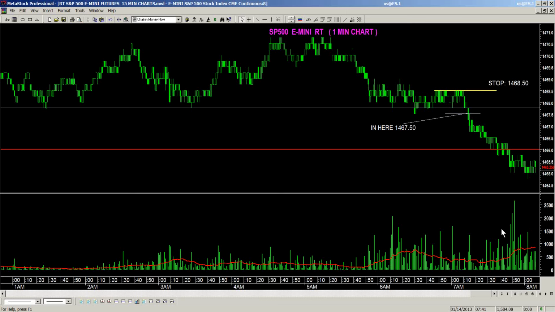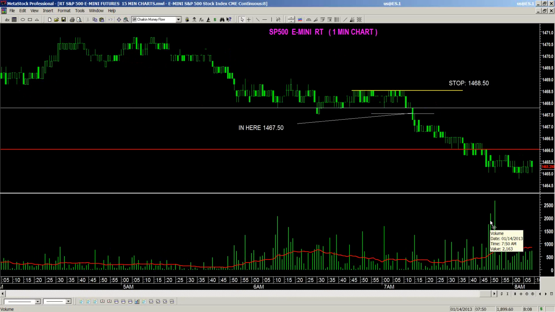This volume that came in here, these three bars at 749 for 1,744 here, at 750 for 2,163 contracts, and again here for 2,653 contracts, we believe was a sell.